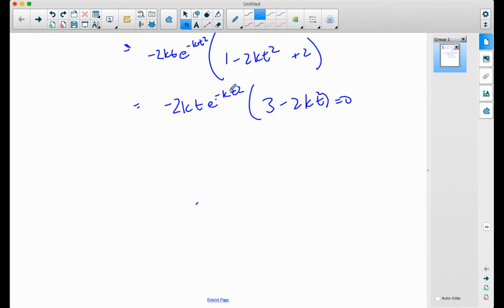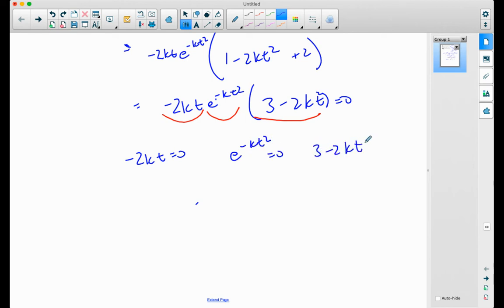Well, if that is equal to 0, if I look carefully here, there's 3 factors. Here's one factor, here's another factor, and here's a third factor. So negative 2kt could be 0, e to the negative kt squared could be 0, or 3 minus 2kt squared could also be 0. Well, if I solve for t here, I get 0. There's one possibility.